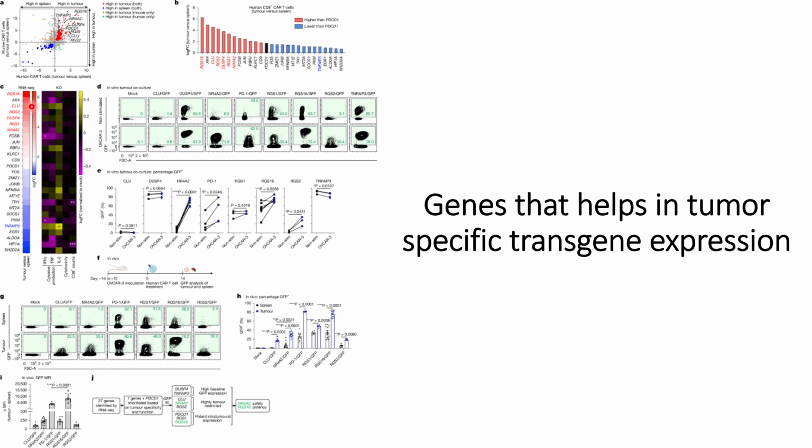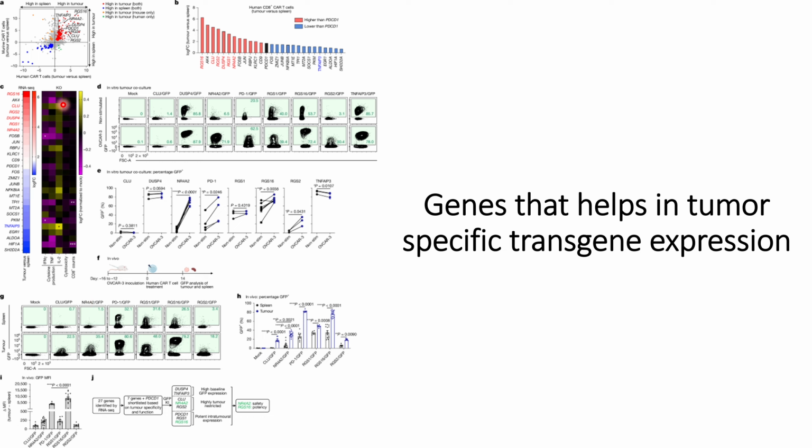However, they eliminated AK4 and one more gene because of their very low cytokine expression, and they included TNFAIP3 because of its high expression of interleukin 2.